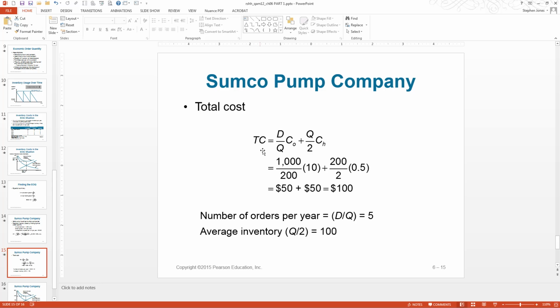The total cost is the demand over quantity times the ordering cost, plus the quantity over 2, the average quantity, times the carrying cost. You put those two together to see how much 200 units is going to cost you throughout the year. Essentially it's going to be $100 to carry the inventory throughout the season.